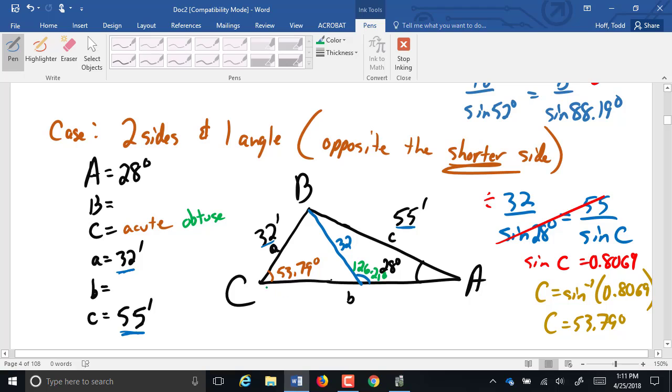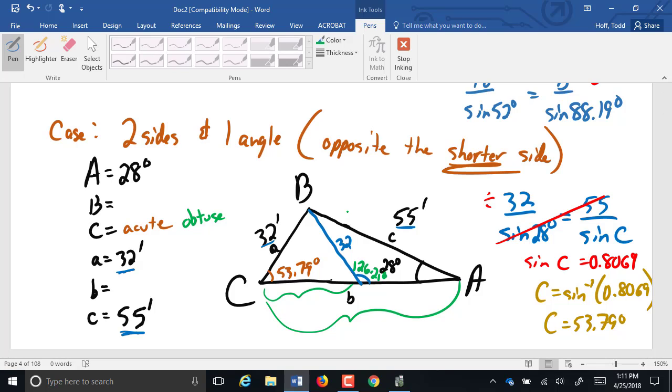And then, of course, that drastically affects the length of side B here. Because then B could either be rather large or really kind of small, depending on which one C is. So when we have that case where we have two sides and one angle, and the angle is opposite the shorter of those two sides, we need to have more information.